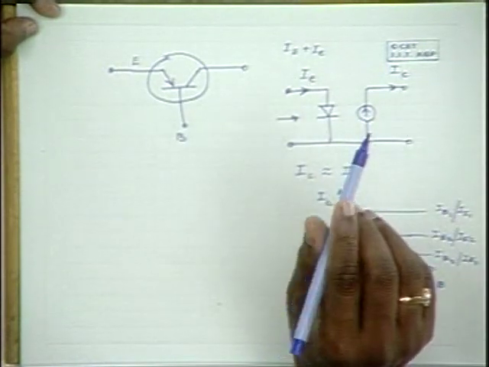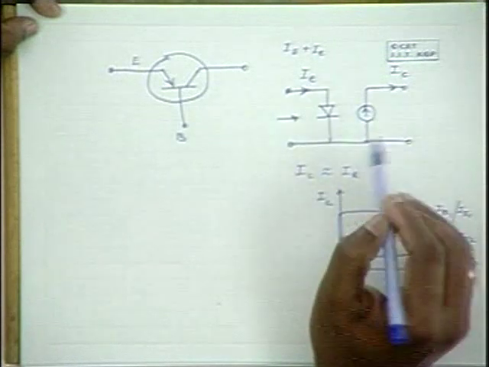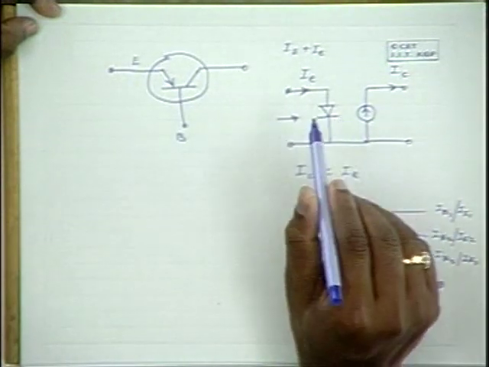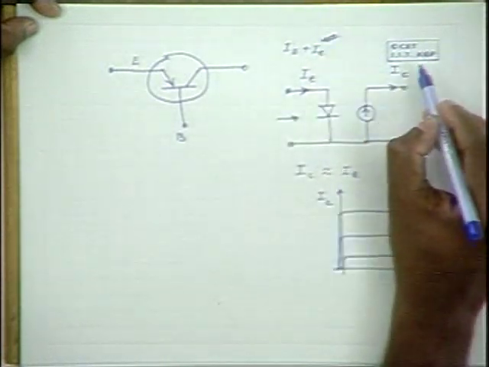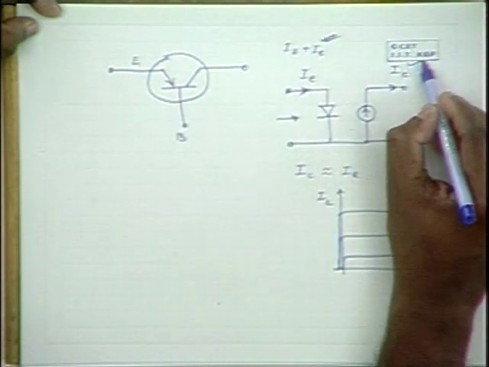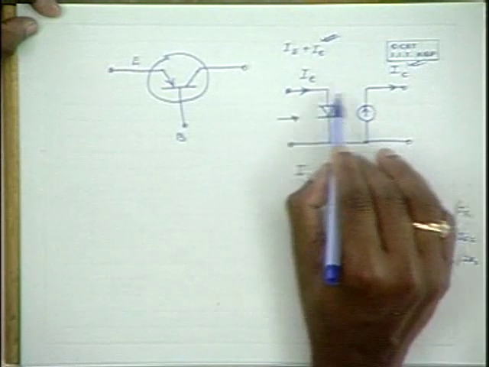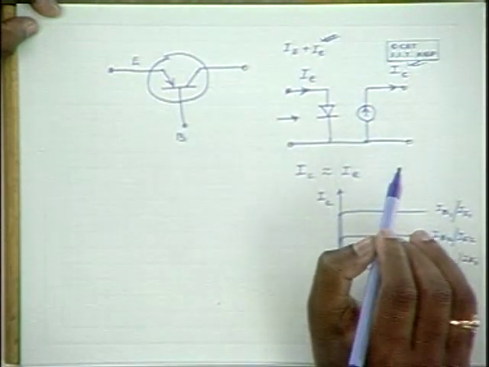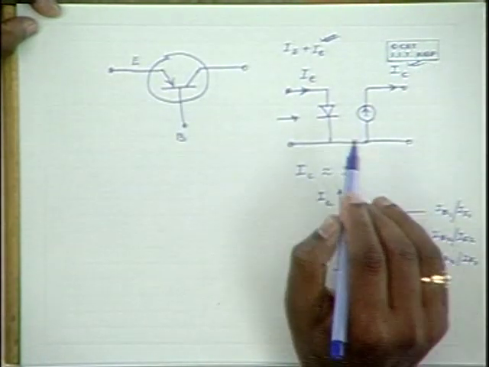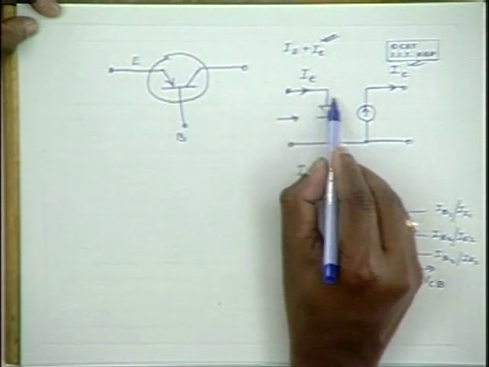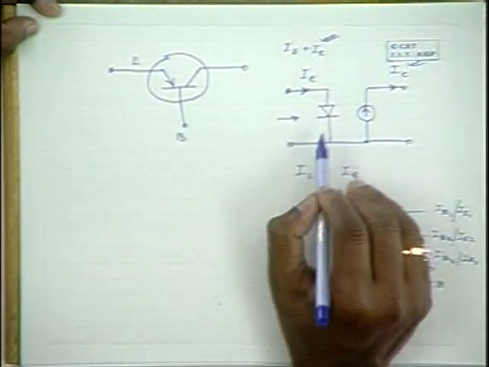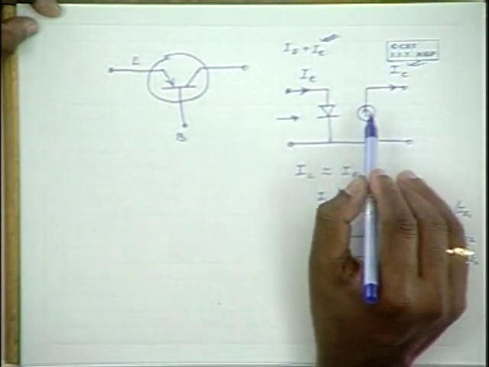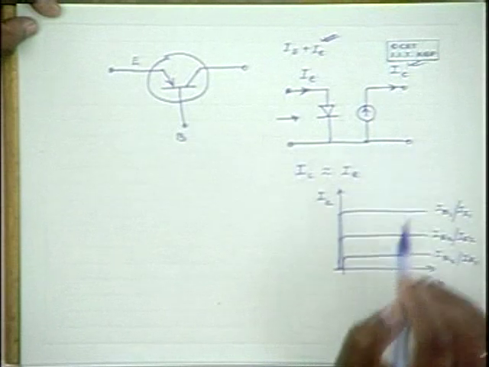We are interested in the amplification, input impedance, etc. for small signals. Hence, we use only the alternating quantities, and let us find out the model for them. So the model here is like a diode on the input side, and on the output side it is the current controlled current device.